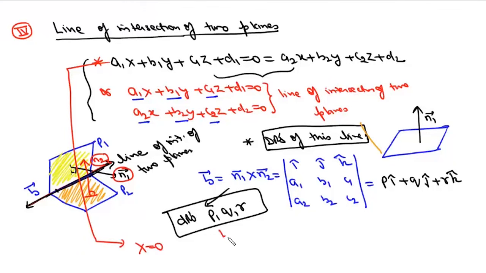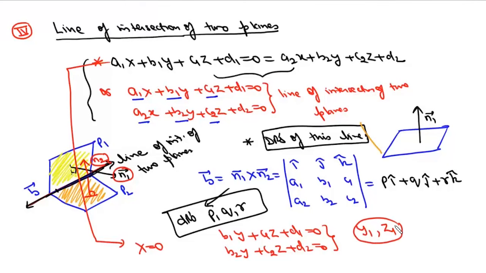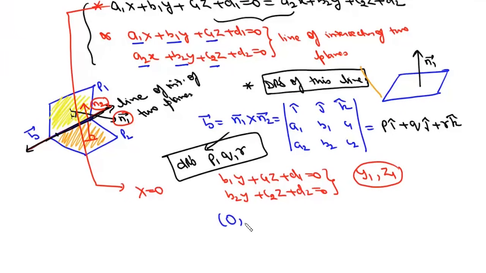Then we get b1y plus c1z plus d1 equals 0 and b2y plus c2z plus d2 equals 0, which are two linear equations in y and z. Now we'll solve them and get the solution y1, z1. So one of the points on this line will be 0, y1 and z1.